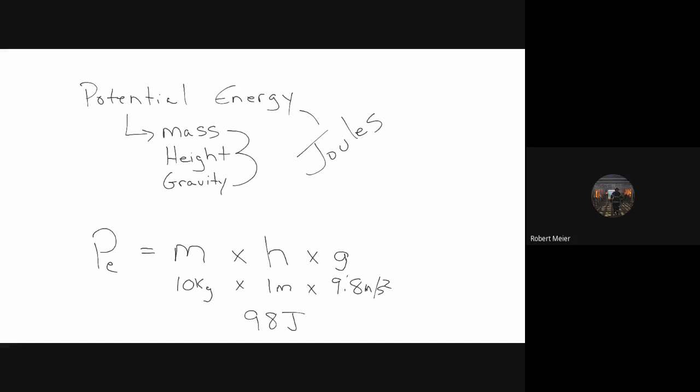So when we get to looking at your lab, you are going to be looking at a lab today. And one of the things we're talking about, the question is, how does height affect potential energy? So you're going to be investigating that in your lab today. Please read the instructions and follow everything in the instructions word for word.